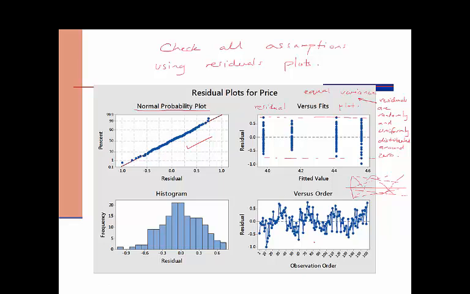Okay, and then the third one here is independence. And for that you want to check that residuals are randomly distributed. Again, you're trying to make sure there is no pattern happening, like increasing or decreasing and so on.